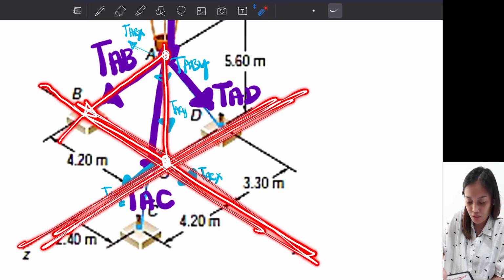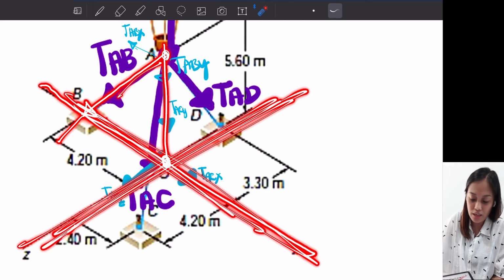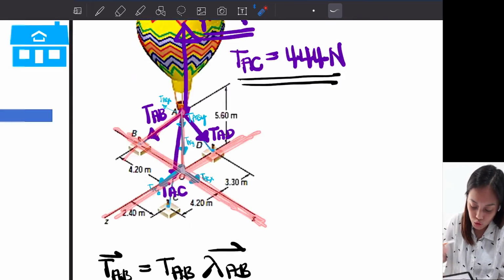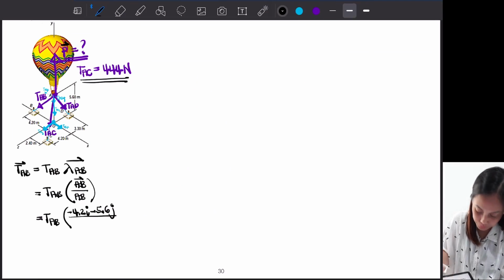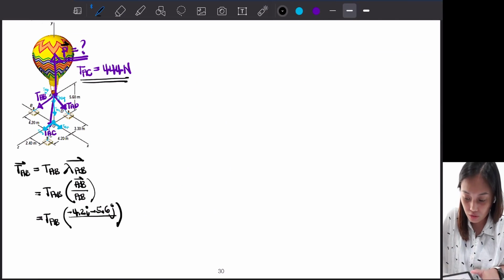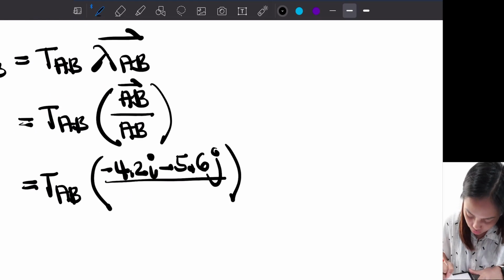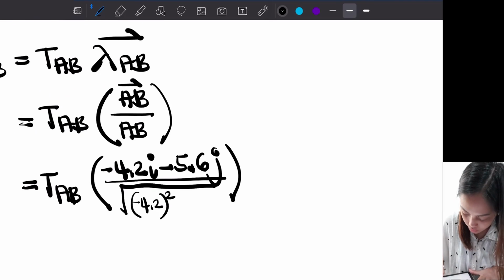So, iyang distance along z-axis is 0. Wala man siya distance along z-axis.